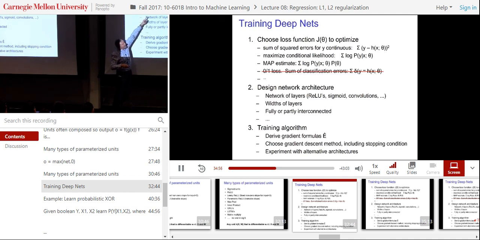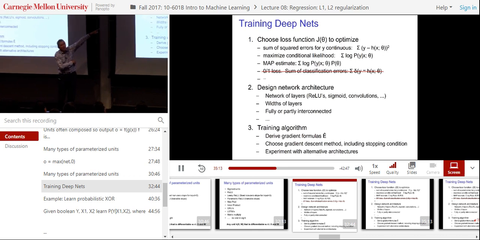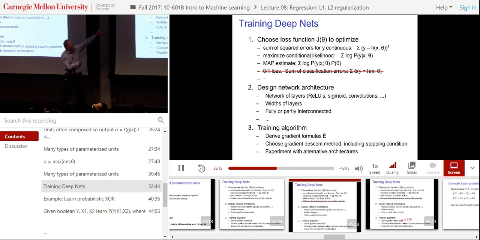But that's actually not a good function for training neural networks, because we also need the network activities and parameters to be differentiable with respect to our loss function. And this is a discrete function.